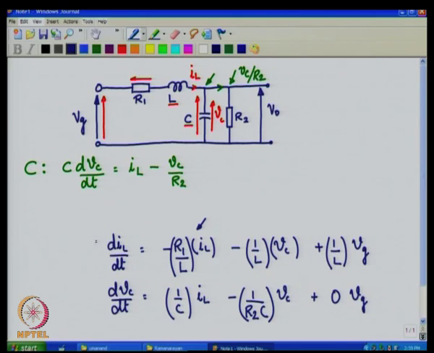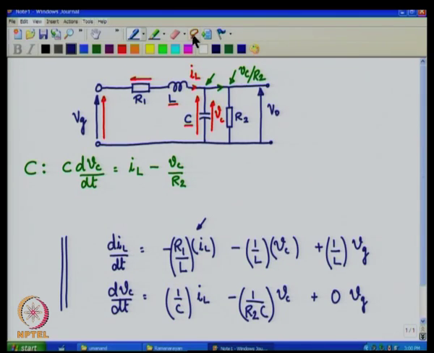Now, these are the two equations which have been developed from the two dynamic components. And these basically form the state equation if they are rearranged in a proper manner.